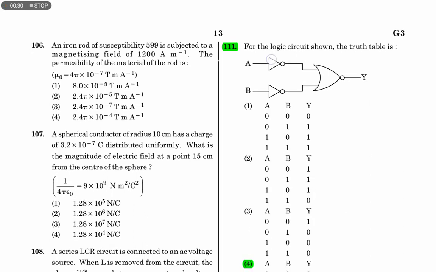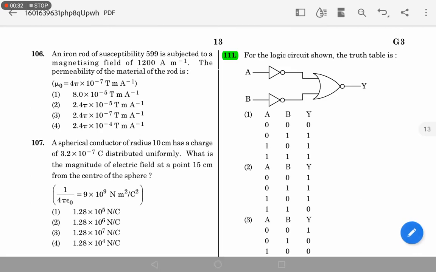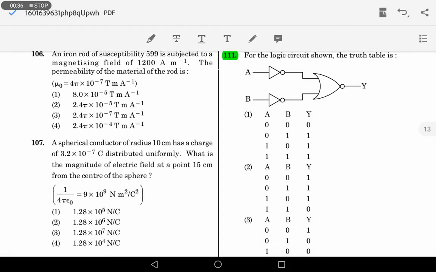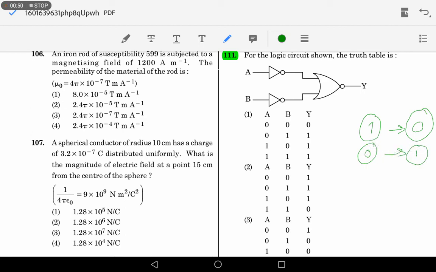We know the first part is a NOT gate. The NOT gate just reverses the numerical. Suppose the number sent is 1, after passing through the NOT gate it becomes 0. If it's 0 it changes to 1, and that's about the NOT gate.